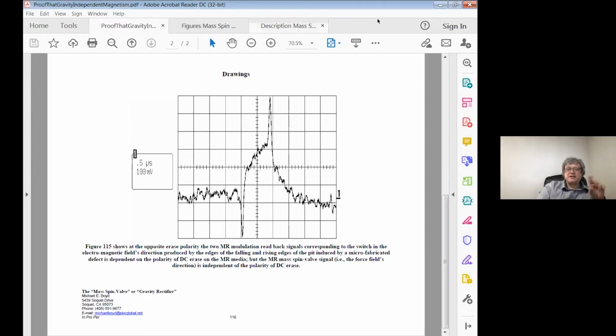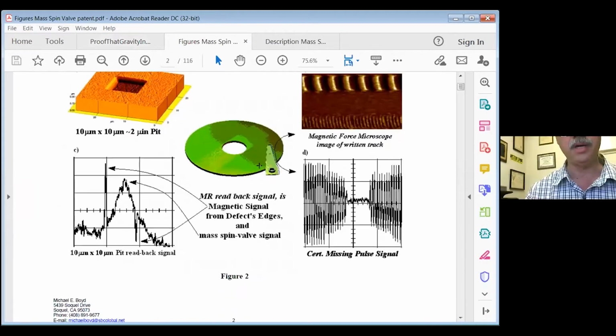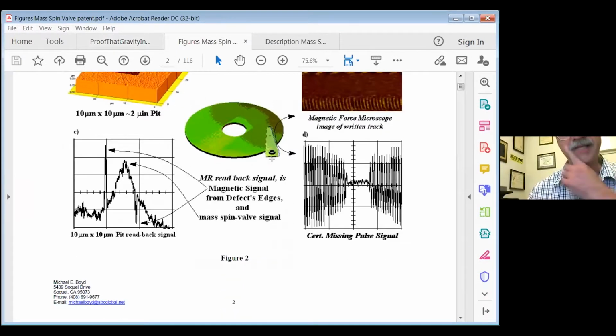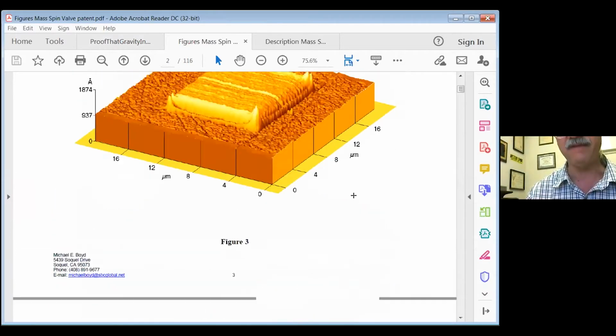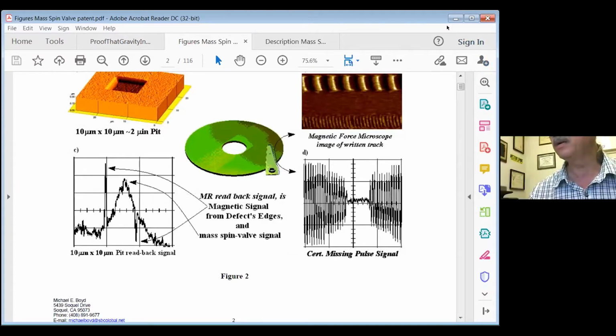But it would be good to include this one. Yeah, I see what you're saying. It doesn't have an XY scale, so it's kind of hard to follow. That's a fair suggestion. Thank you, I appreciate it. Now let me unshare.